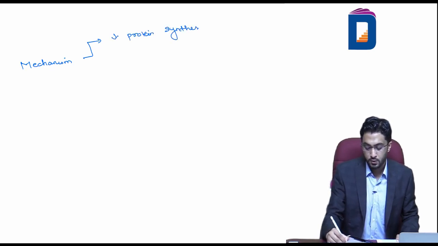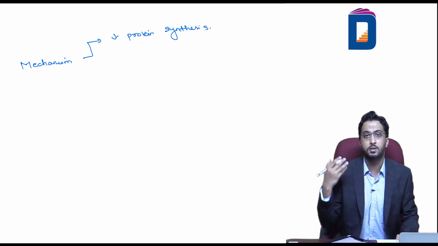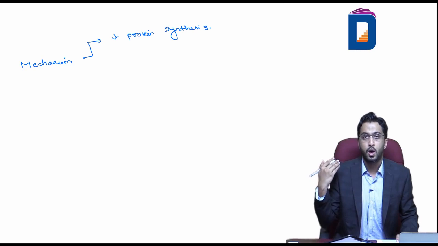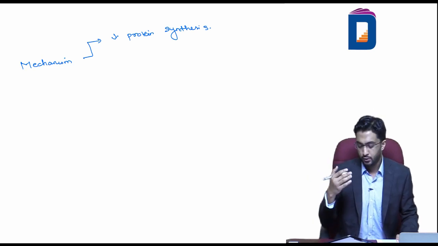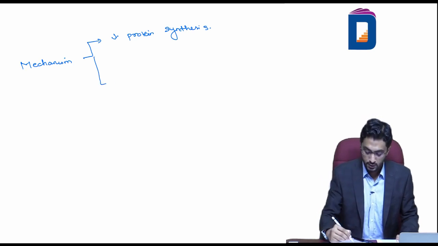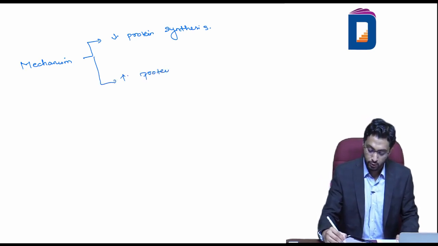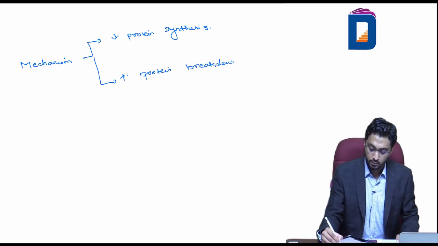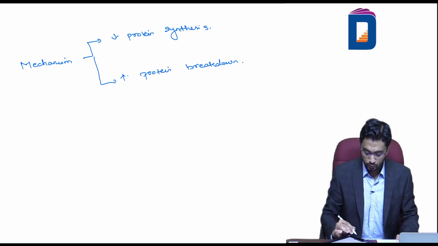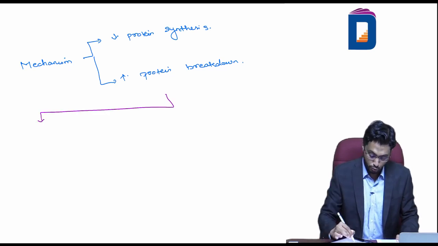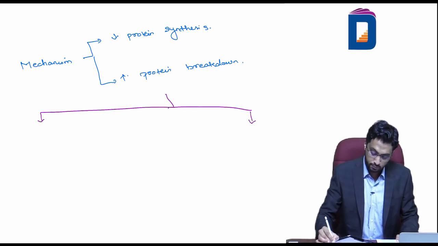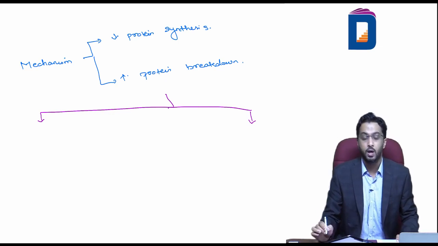Protein synthesis decreases naturally because there is no nutrition, no blood supply, no nerve supply, no functioning. And another very important reason is increased protein breakdown. With regard to increased protein breakdown, there are two mechanisms involved here.